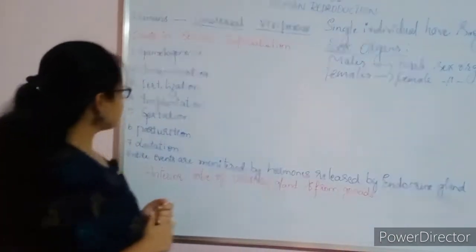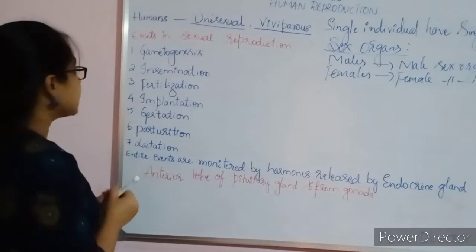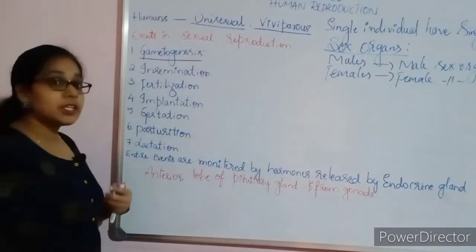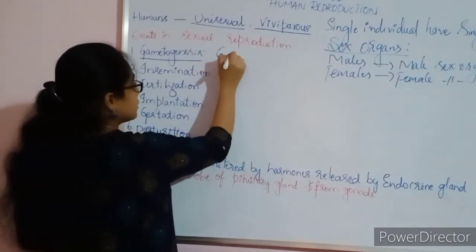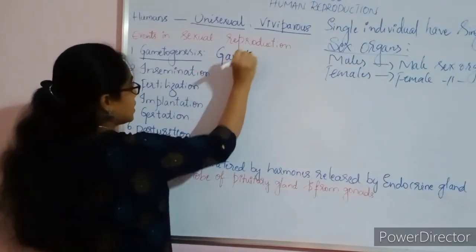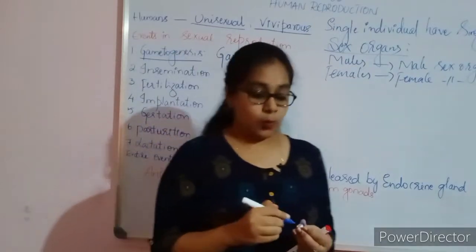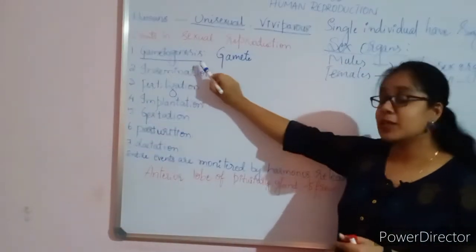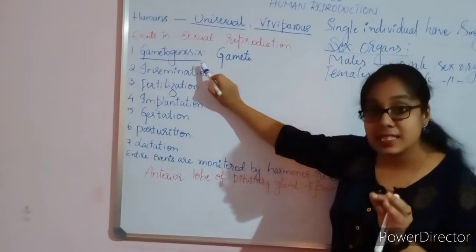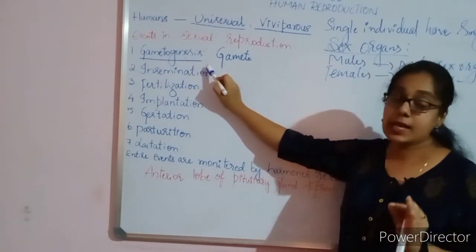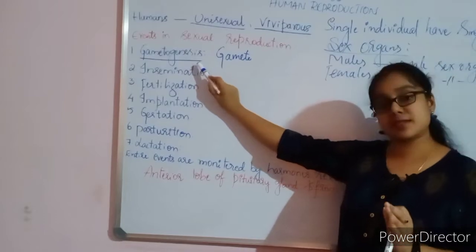Got it? So the first event is gametogenesis. Gameto means gamete. Genesis means formation. So what you are going to write for gametogenesis? It is the process of formation of gametes is called gametogenesis.